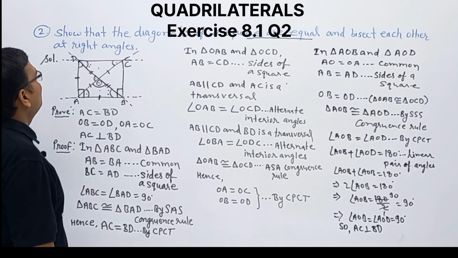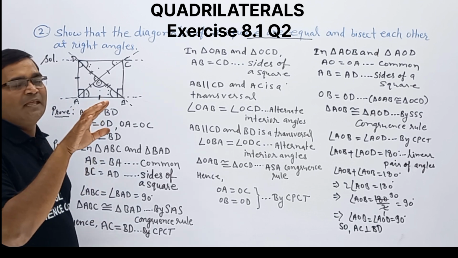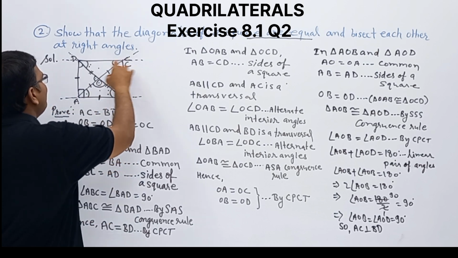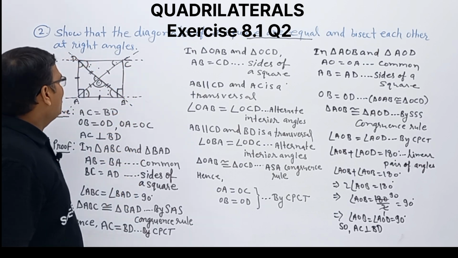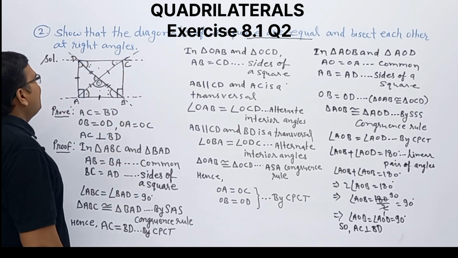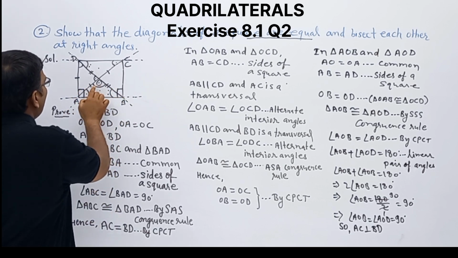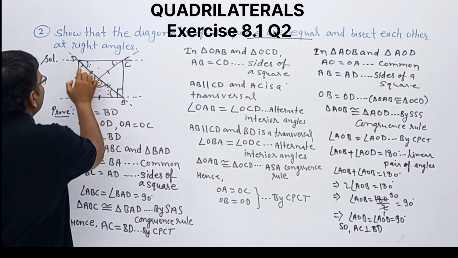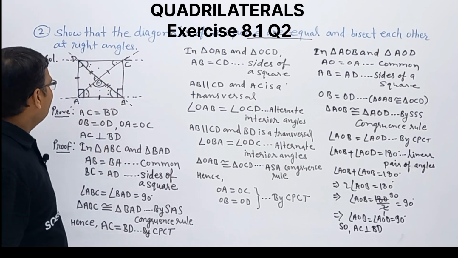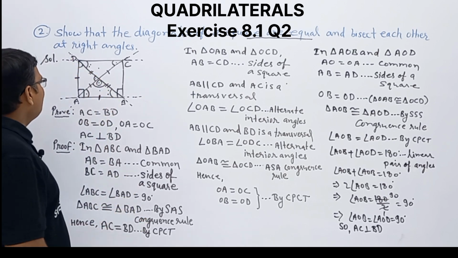Now we want to prove they are bisecting at 90 degree. It means AC is perpendicular to BD. So for this one, we are taking triangle AOB and AOD. These two triangles we are taking. Same, we want to prove these two triangles congruent.